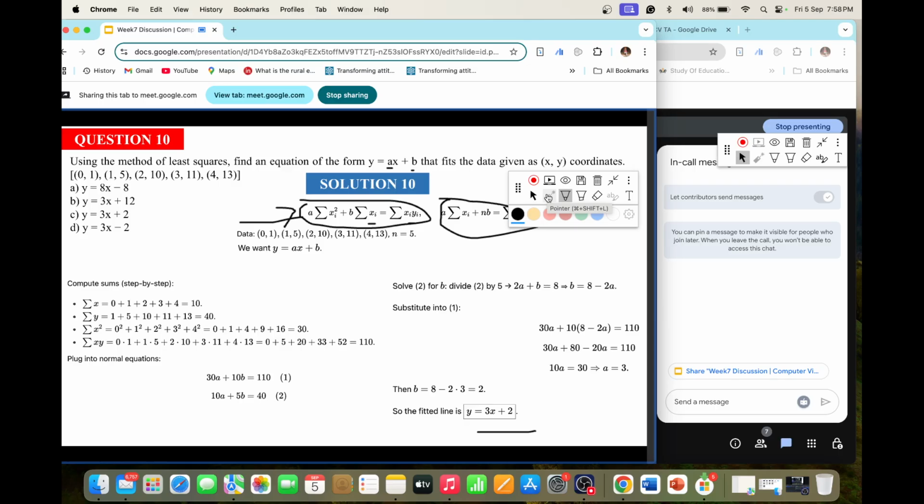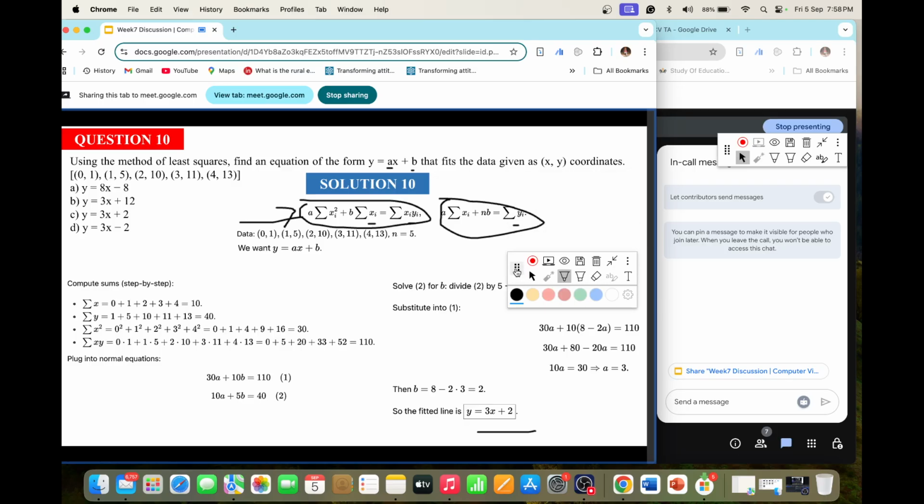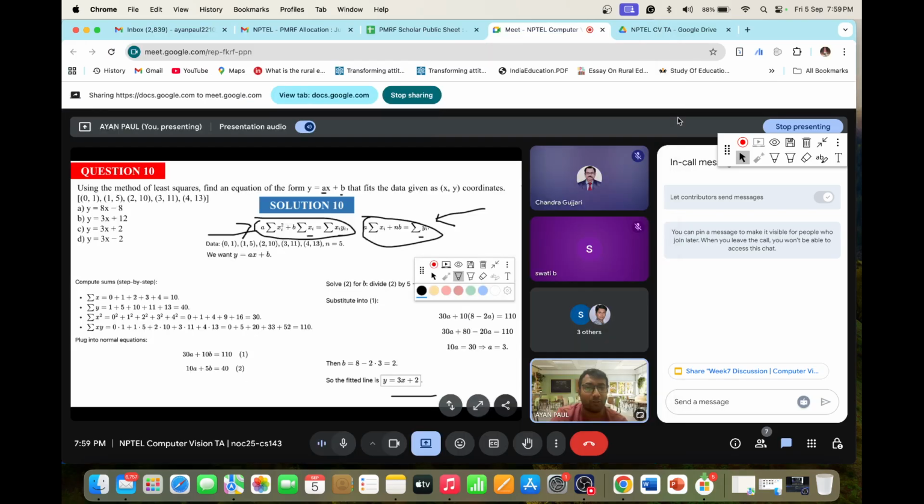That is actually the main method, or you can also solve by the other method, but for that you have to memorize the two equations. So that is how you solve the problem. Is it clear to all of you? Yeah, clear, right? Okay, so any doubt regarding today's class?